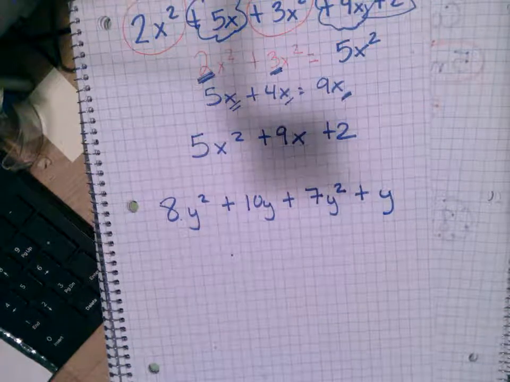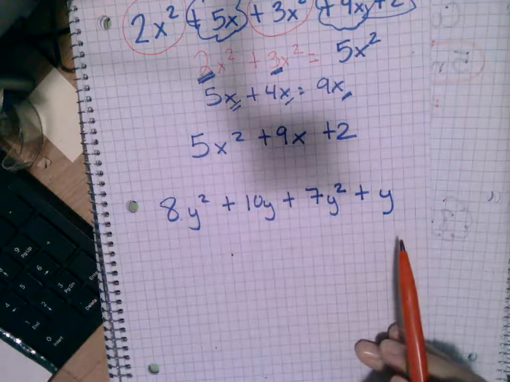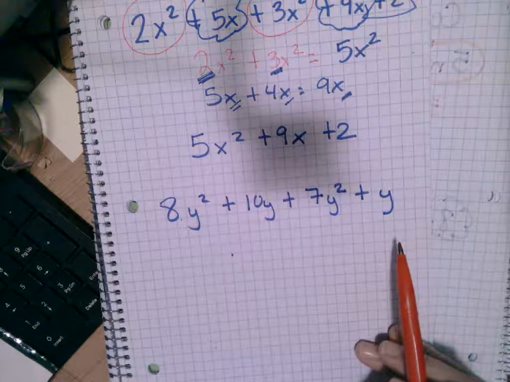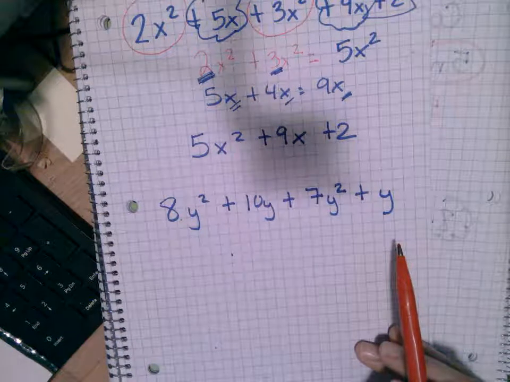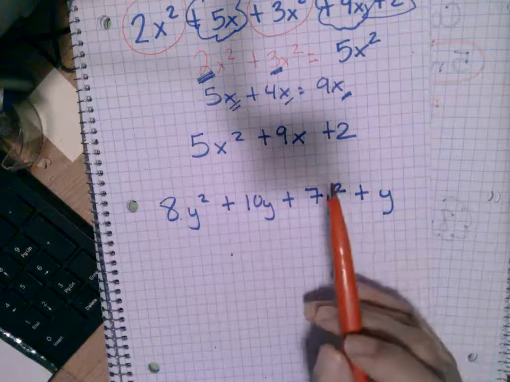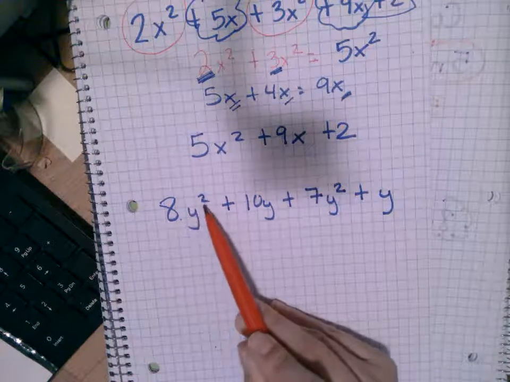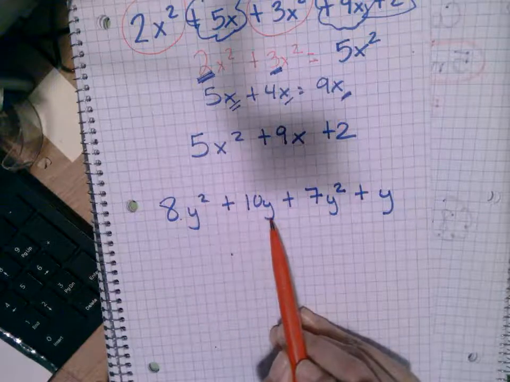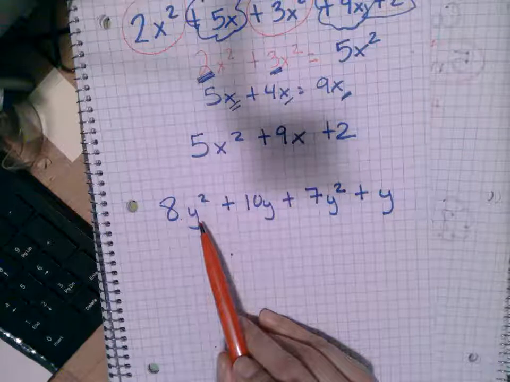So you're like, oh, they're all y's. Let me all put them together. Interesting. But because this has an exponent, we don't combine it with this y. This exponent actually makes your y a different number.